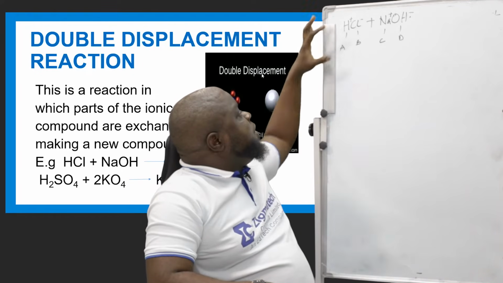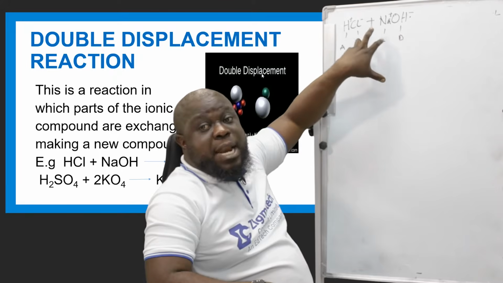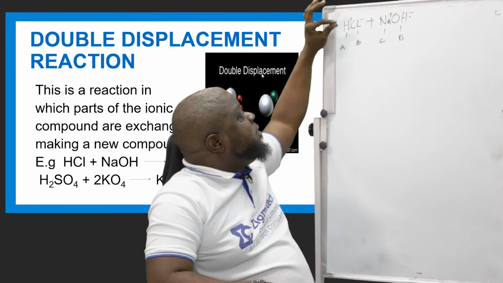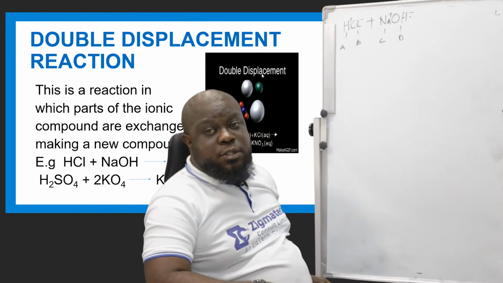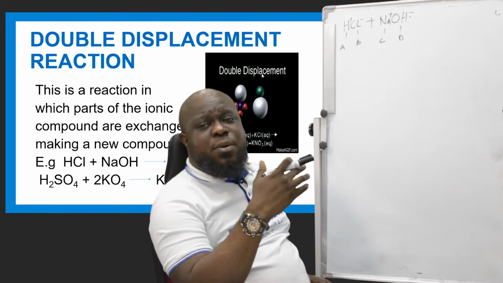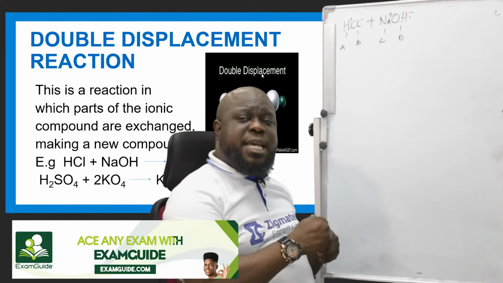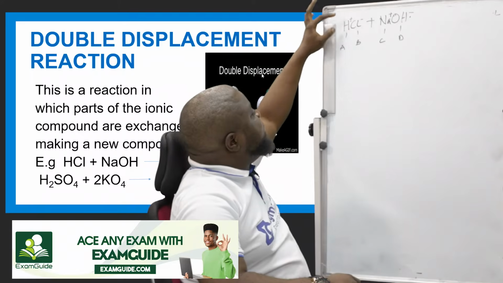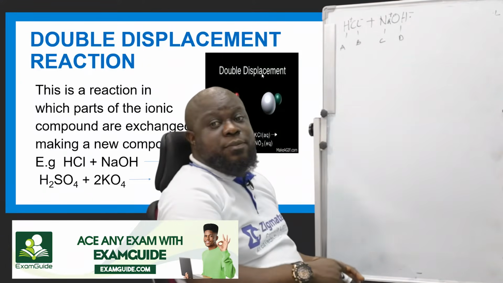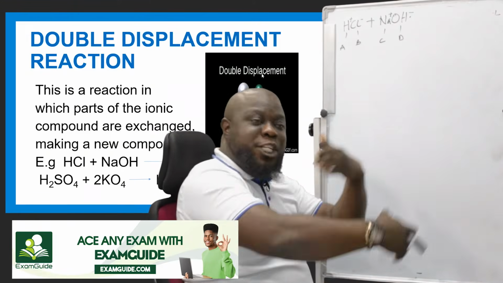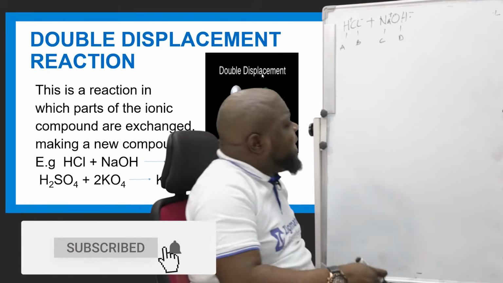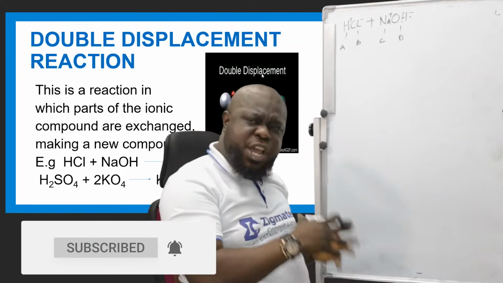Now, the hydrogen is A, the chlorine is B, sodium is C, and hydroxide is D. These two compounds came together ionically: the hydrogen reacted with chlorine, the sodium reacted with hydroxide. Looking at this very well, you see that the positive must react with the negative, and the negative will react with the positive in making a double displacement reaction, because they say the ionic compounds are exchanged. In essence, the charges are exchanged.